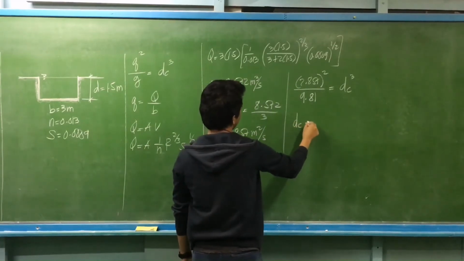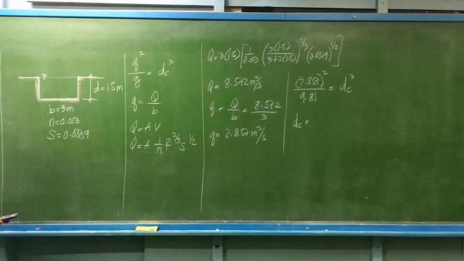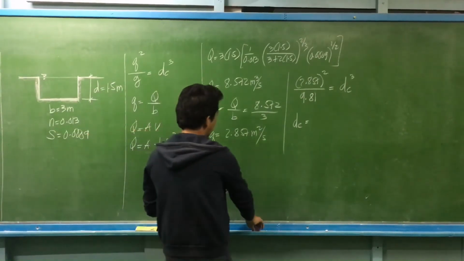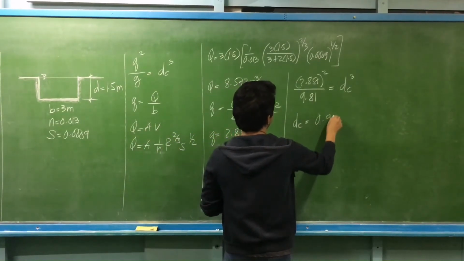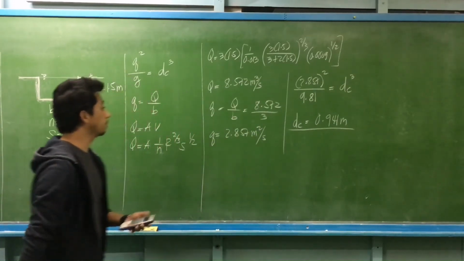So let us determine the critical depth. This is equal to 0.941 meters. So that will be the critical depth of flow.